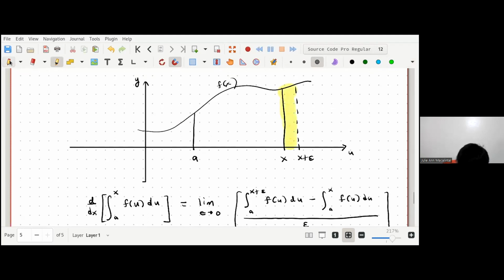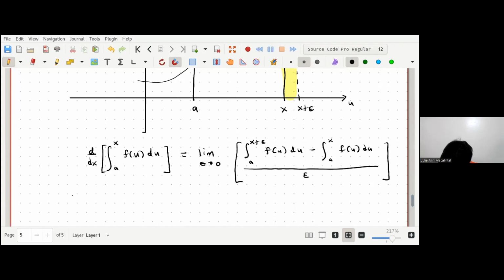So yung yellow area, that is actually the integral from x to x plus epsilon of f of u du.